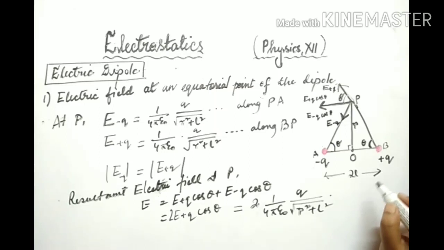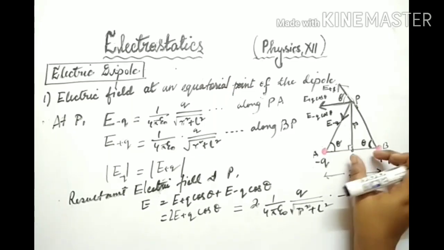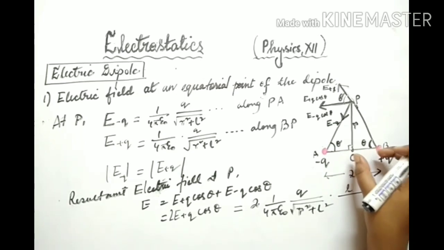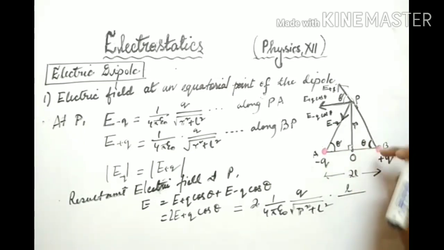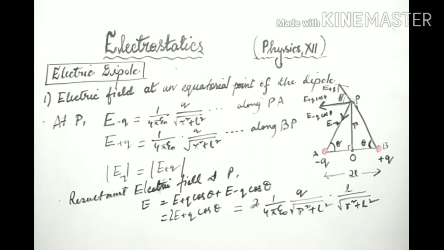What is the value of cos theta? Cos theta is base by hypotenuse. The base will be L, because half of the 2L separation will be L, and the hypotenuse is root over r square plus L square.